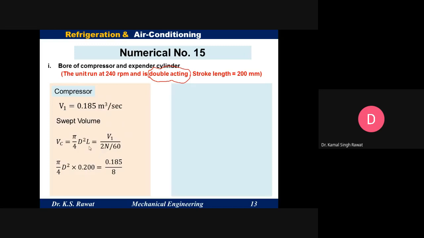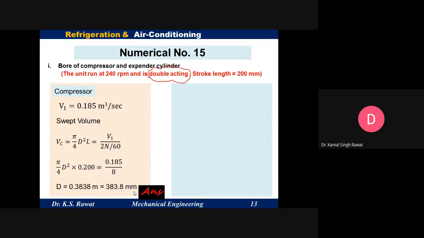Now by simplifying this, we can easily calculate the value of diameter. Can you tell me the value of diameter? Sir, 0.383 meter. So 0.3838 meter, or in mm, 383.8 mm.